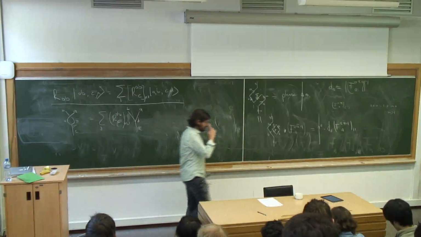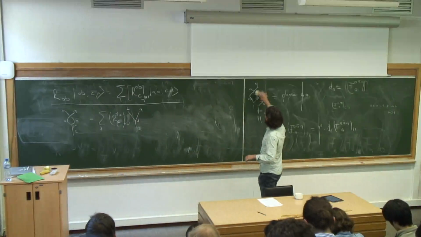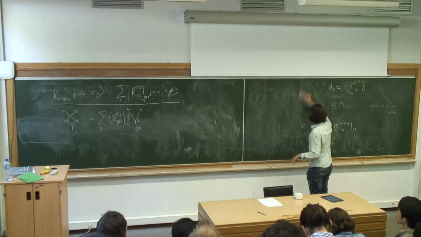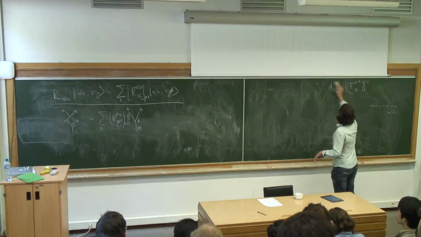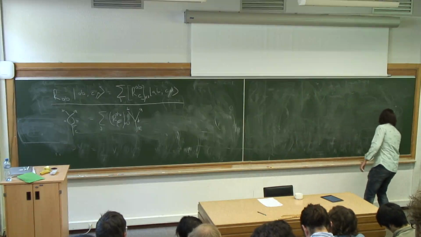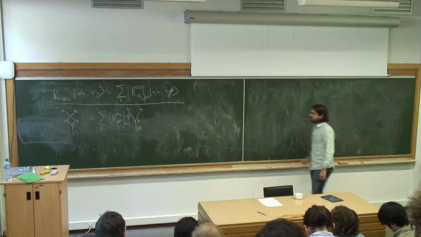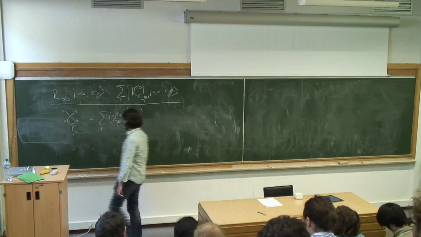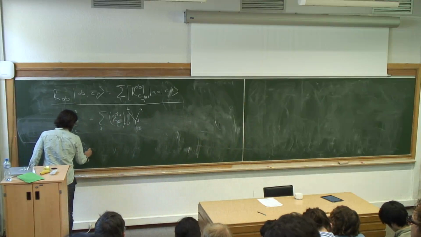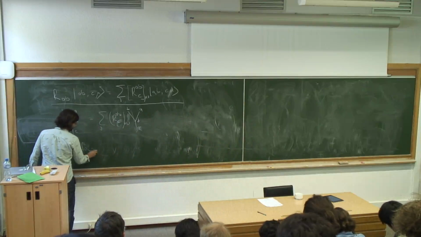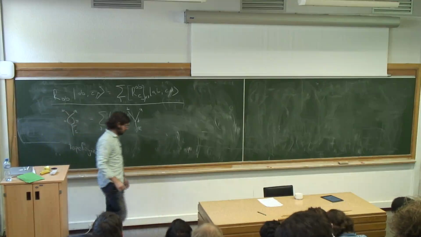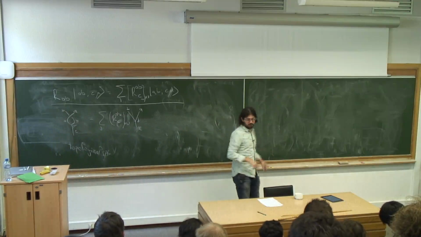All right. So now there are several things that I want to do. First, I want to define a topological spin, which is a phase. It's a phase that's a topological invariant of the theory.